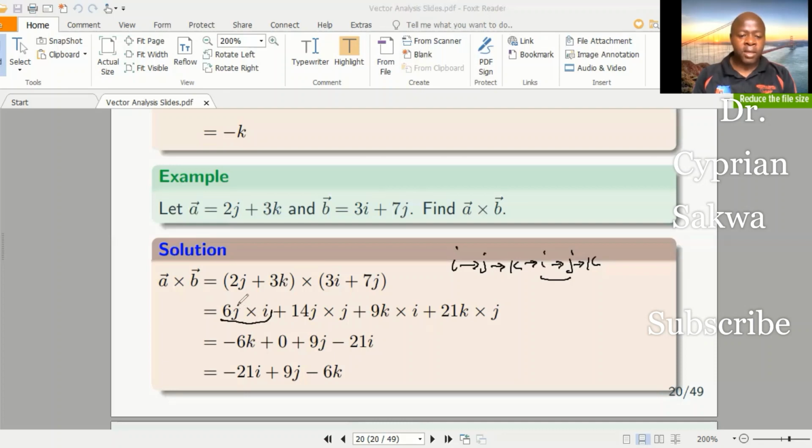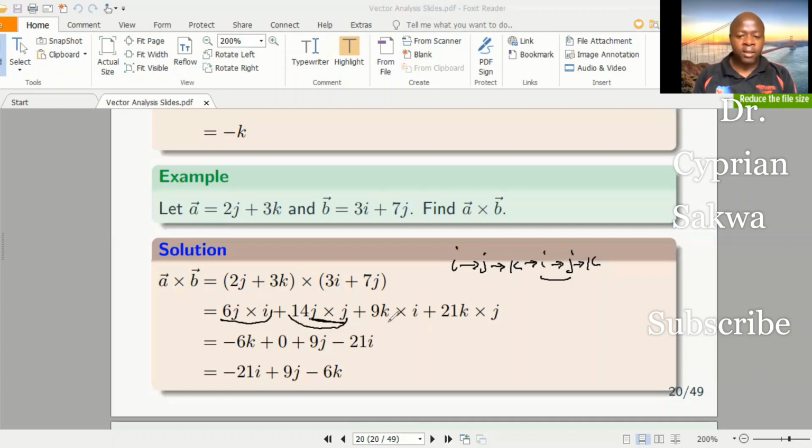The negative is coming as a result of J cross I, which is negative K. Then next, J cross J is 0. So the whole of this becomes 0.